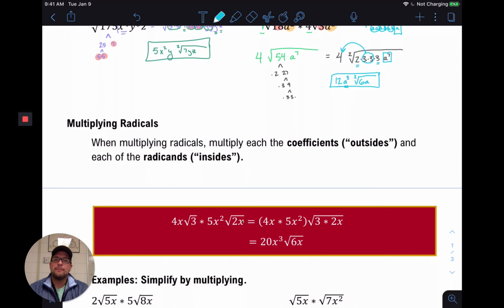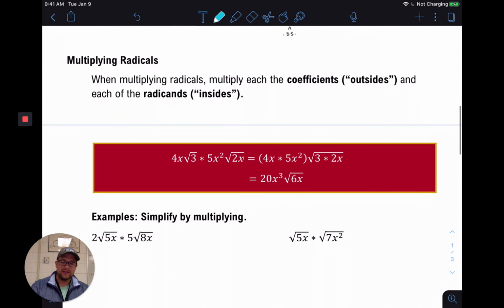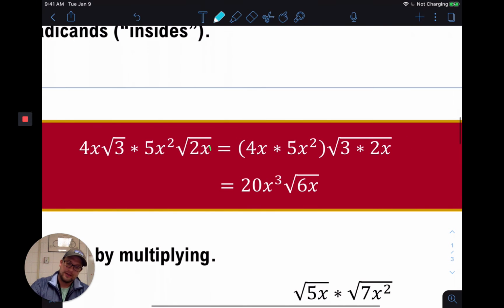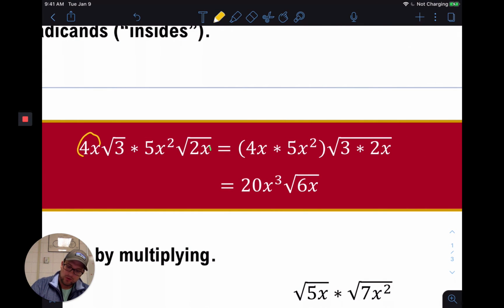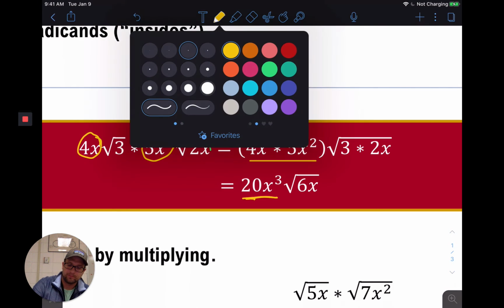So when multiplying radicals, multiply each of the coefficients, which are your outsides, and multiply each of your radicands, which are your insides. Down here we have an example for you. As you can see in this problem, the first step, we took 4x and 5x squared and we multiplied those two things together to form our outside number. 4 times 5 is 20, x times x squared ended up giving us 20x to the 3rd.